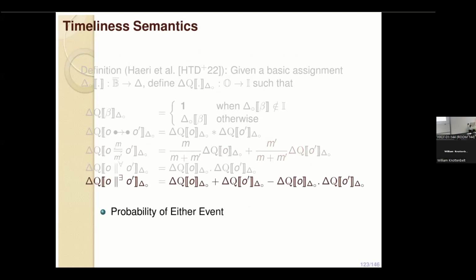Now, the other one that Peter also put some effort on is the any to finish, or the first to finish. The gist of this is that this is the probability of either event taking place. Right? It's the usual union of 2 things minus the intersection of them. So you add the 2 because either of them can happen, but what if both of them happen? You want to discard that part.